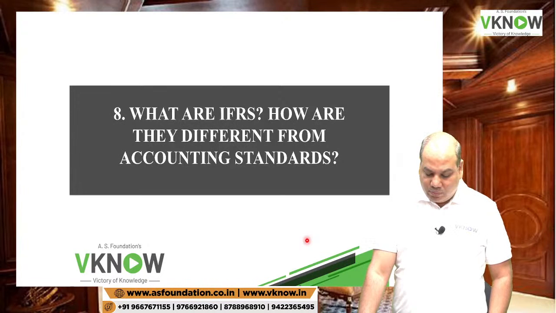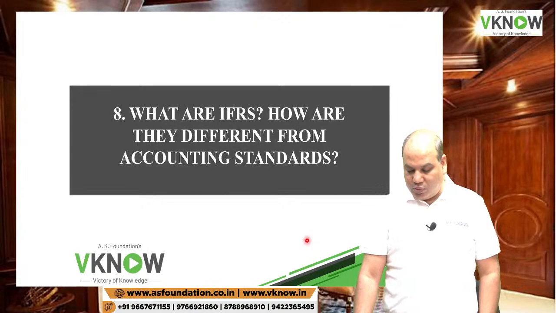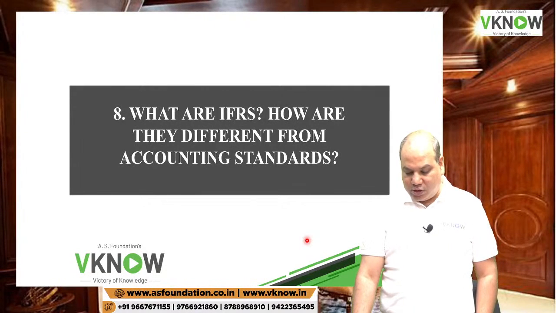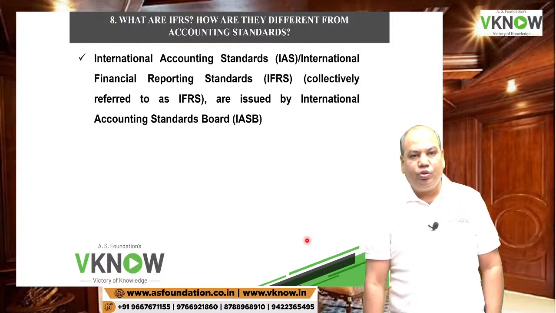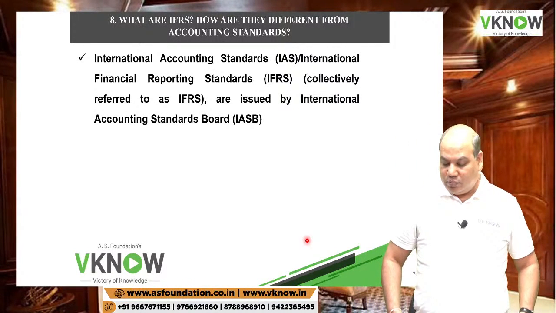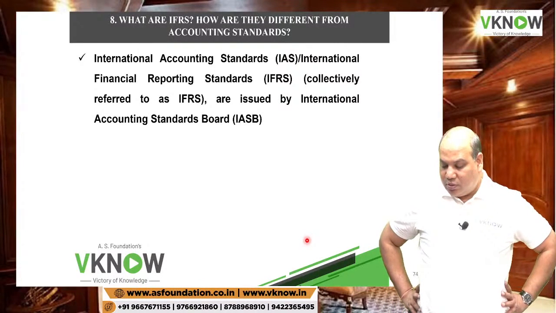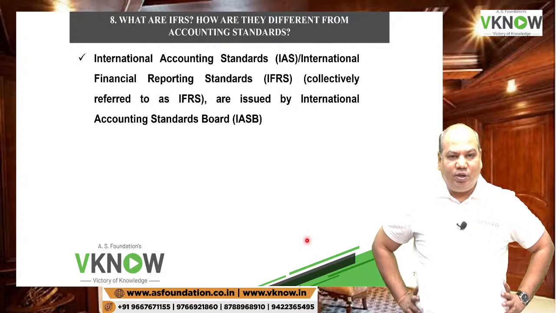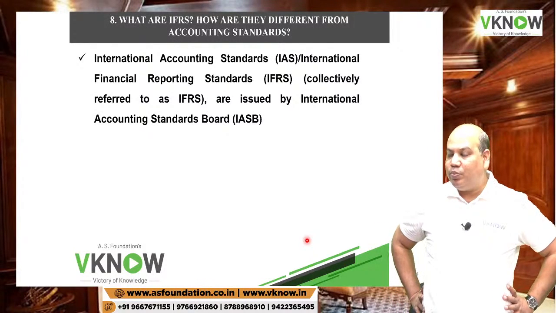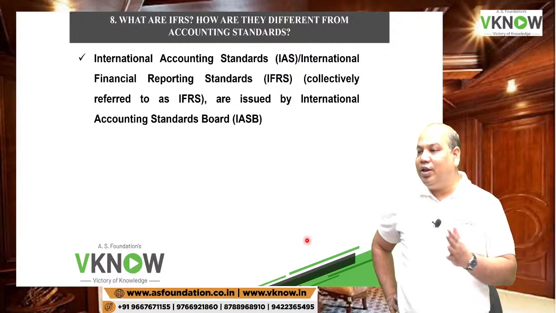Next is, what are IFRS? How are they different from accounting standards? Already in the beginning we have covered this. Who issues IFRS? IASB. IFRS or IAS are issued by IASB, the International Accounting Standards Board, and this forms the basis for Ind AS.